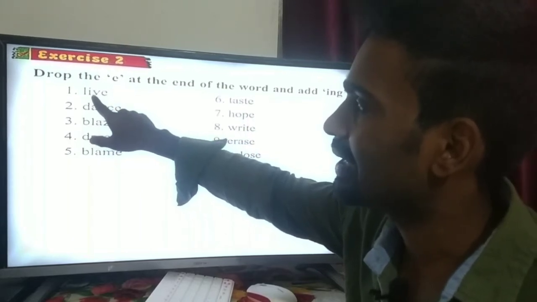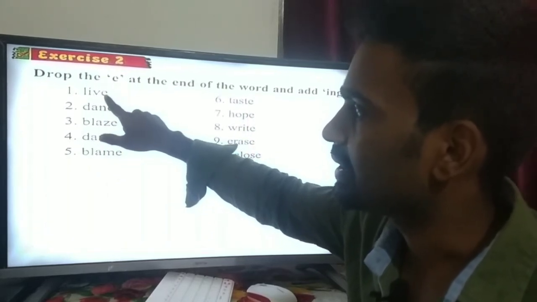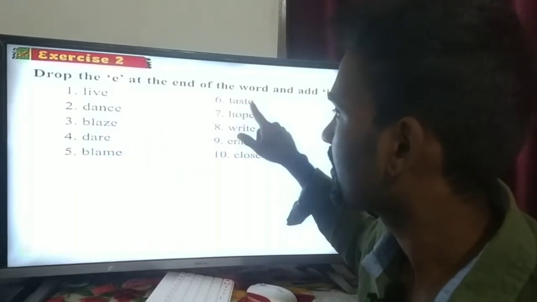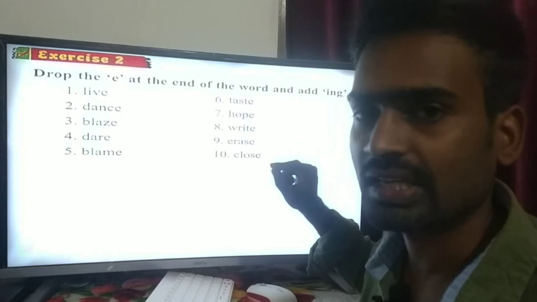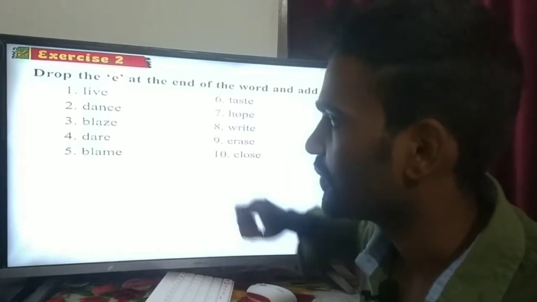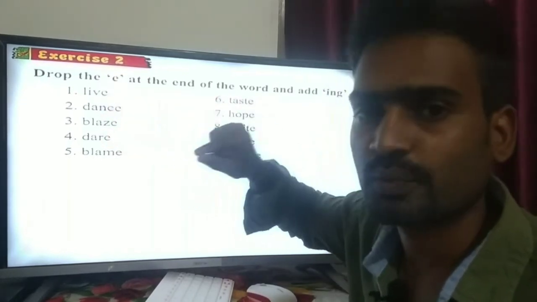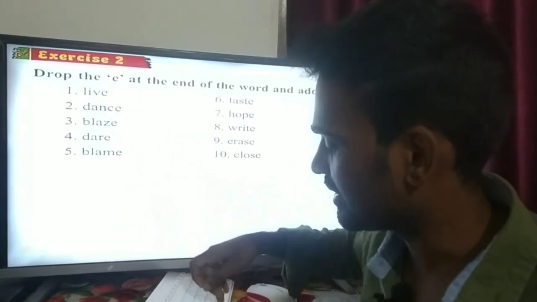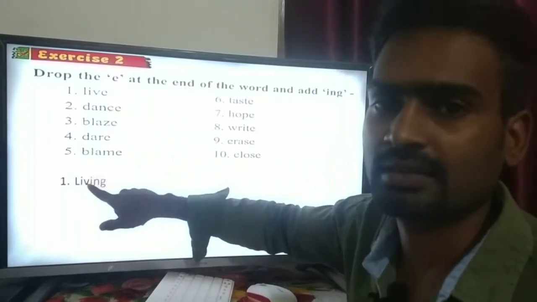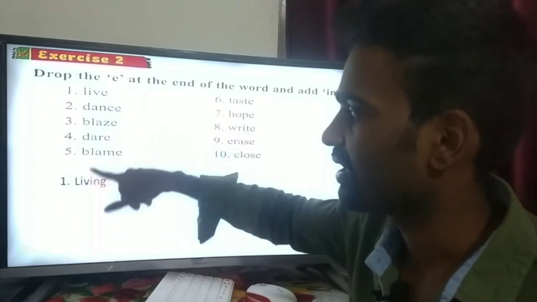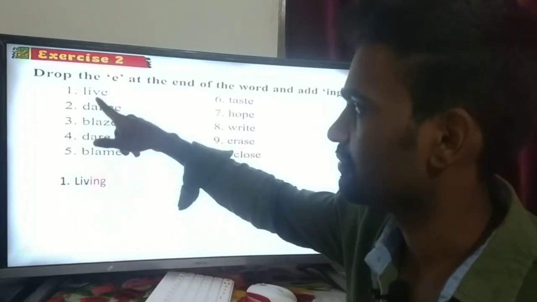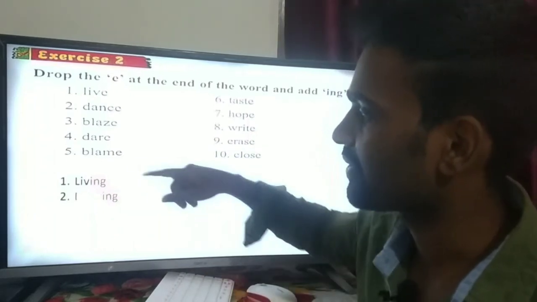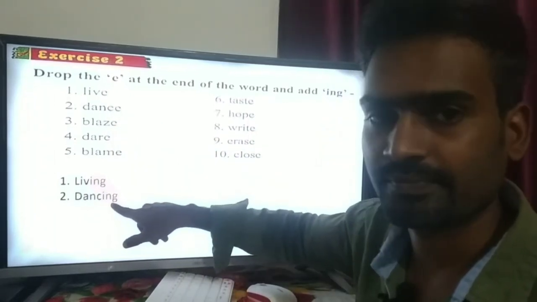See here, every verb is ending with e. We are going to drop the e. Drop means remove it. Remove e and then add ing, like this. Live, living. We dropped it. Dance, remove e, dancing.